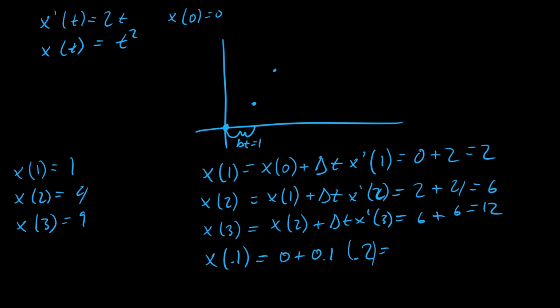And so 0.1 times 0.2 is 0.02. If we compare that analytically, you can see that we're still pretty off, unless I did some math wrong there. But you could get a lot closer.